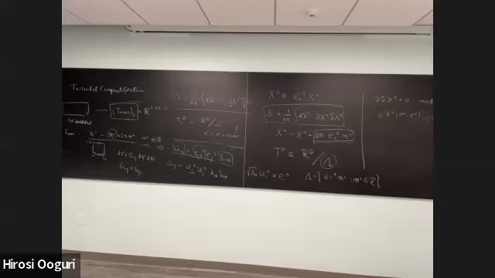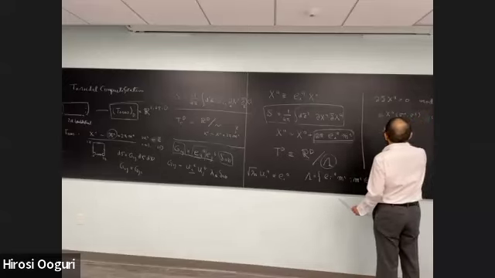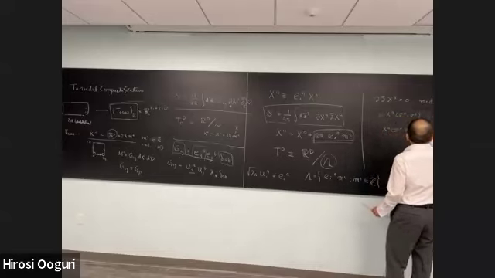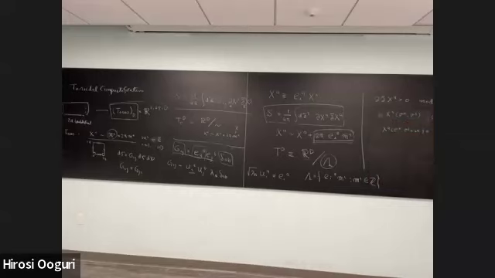So the condition for periodicity is that X^A(sigma 0, sigma 1 + 2 pi) does not have to be X^A(sigma 0, sigma 1), but can differ by some translation in the lattice direction, some omega^A, where omega^A is in the lattice.